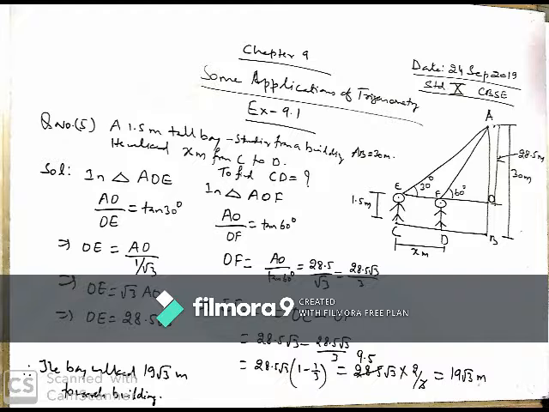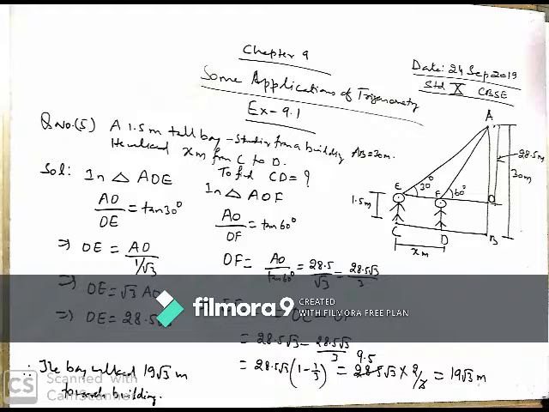In front of you, I have already made the figure. The 1.5 meter tall boy is standing here at point C, in front of the tall building, and this AB, the building height, is 30 meter. From the ground level, the height of the boy is 1.5 meter, and from his height he is watching the top of the tower A. So naturally, from the top of the building we need to subtract his height.